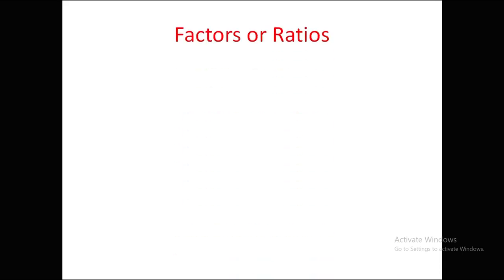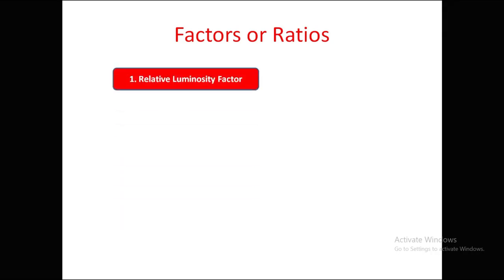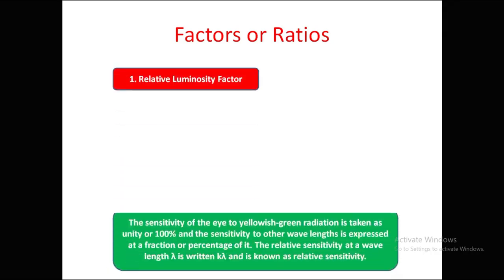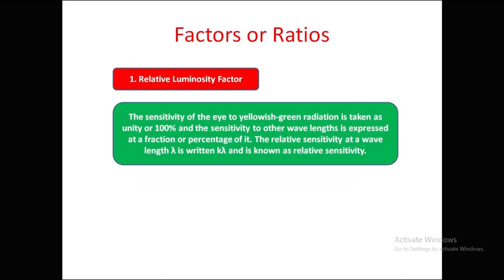Next, there are some factors and ratios that we need to study. Let us say them. Relative luminosity factor. That means the sensitivity of the eye to yellowish green radiation is taken as unity.